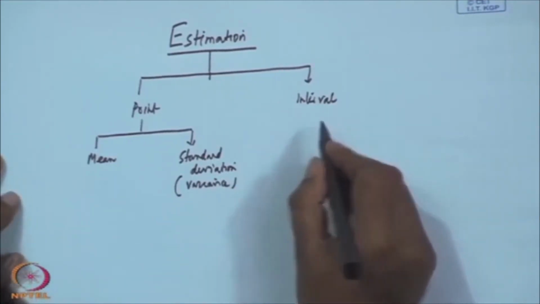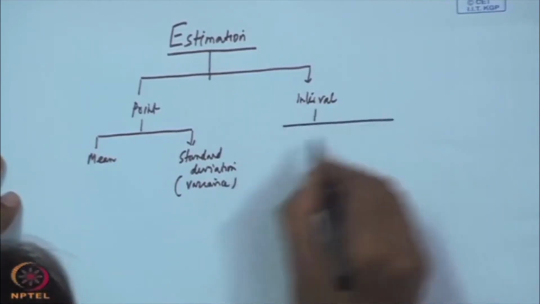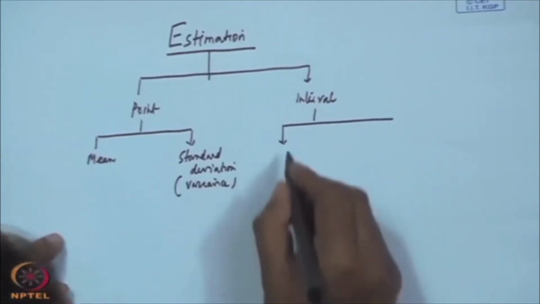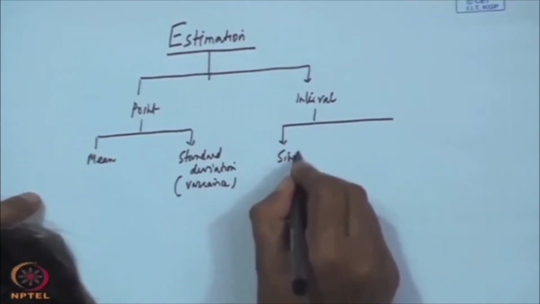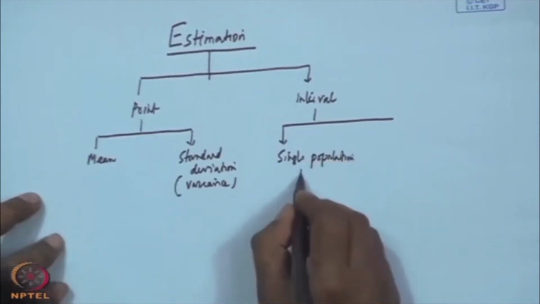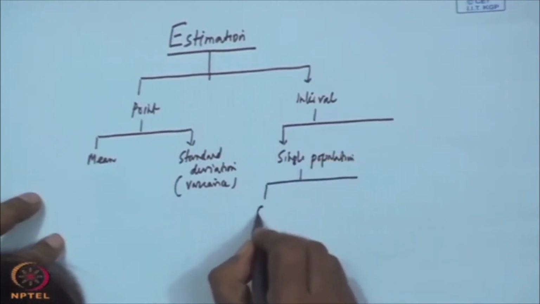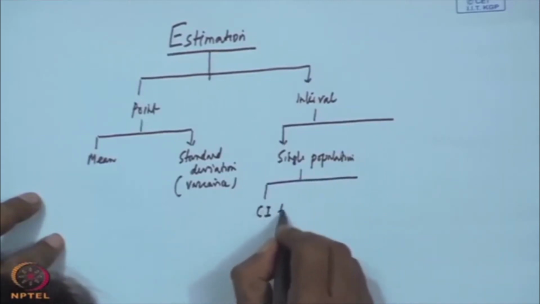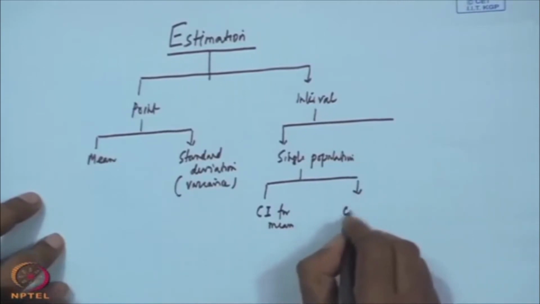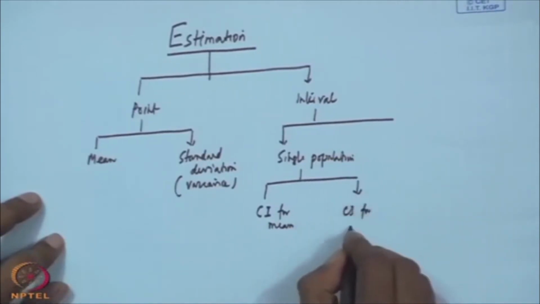And under interval estimation, we will first discuss the single population: confidence interval for mean and confidence interval for variance.